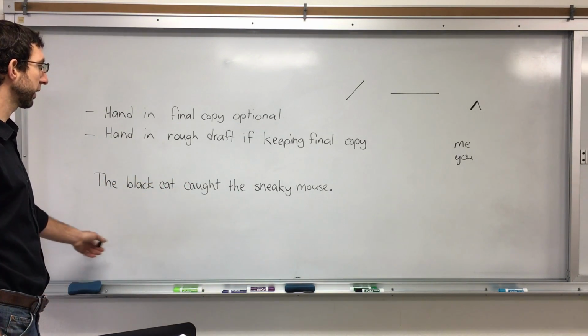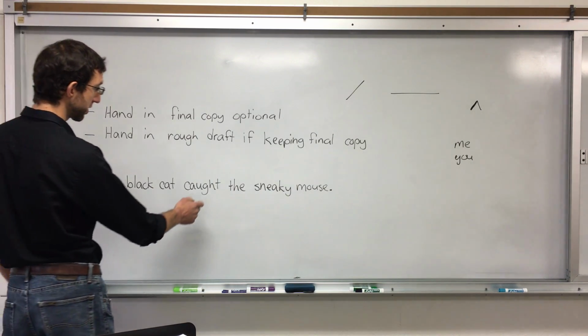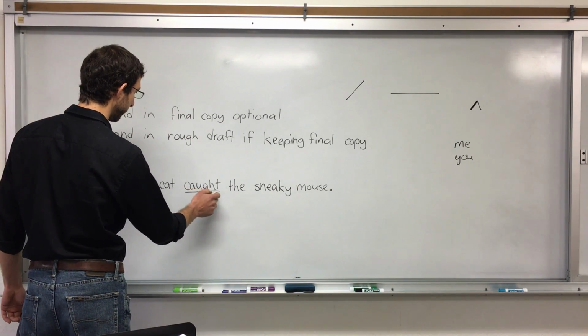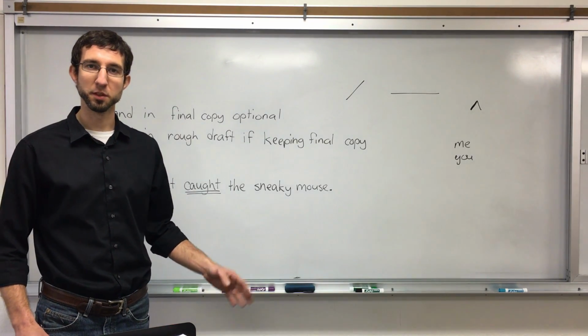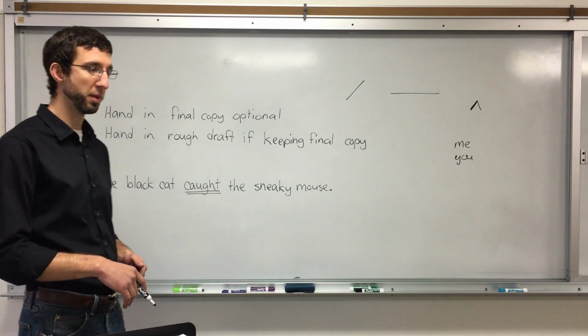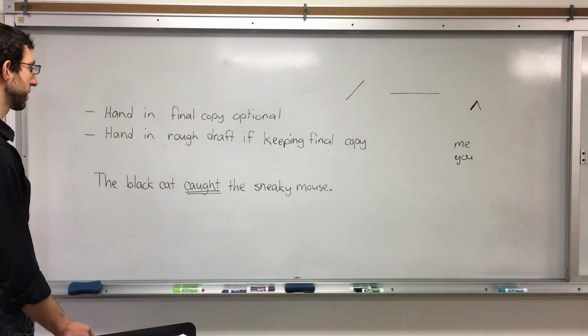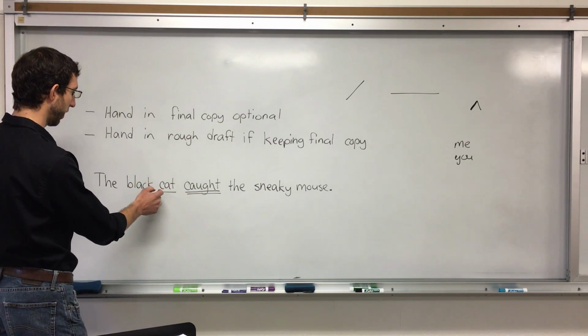So find the verb first, look for action or being. The black cat caught the sneaky mouse. Action or being. Looks like the sentence has action. And that's right, because a direct object follows an action verb, right? You won't find a direct object in a sentence with a being verb. What is the subject? We're going to underline it once. Who or what caught? Cat caught.